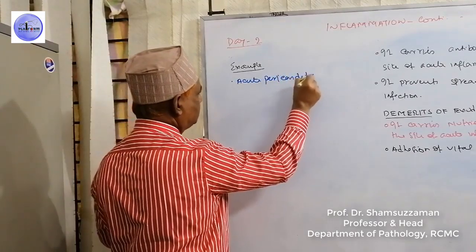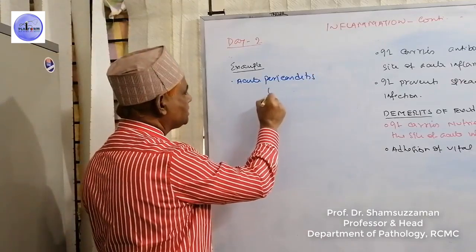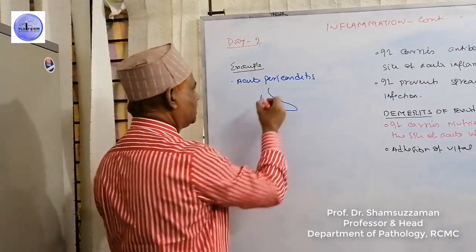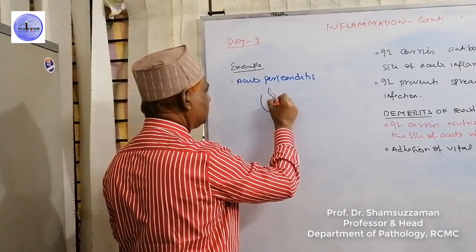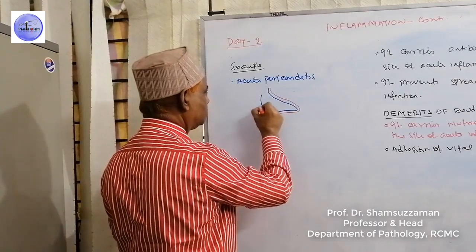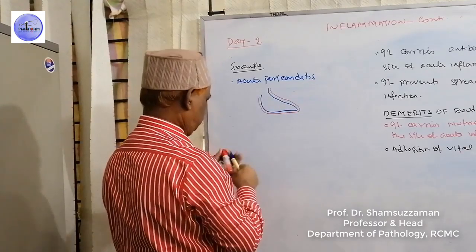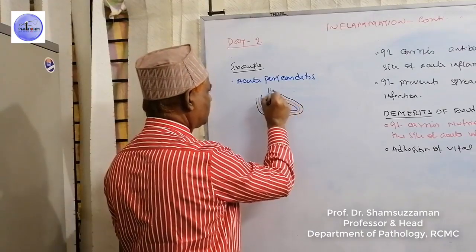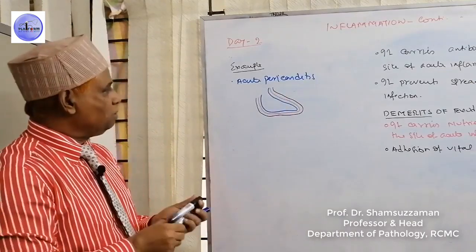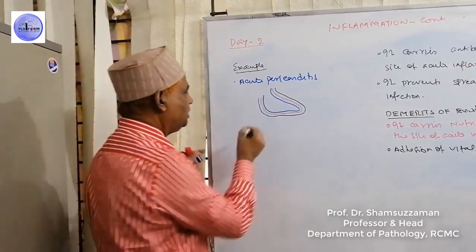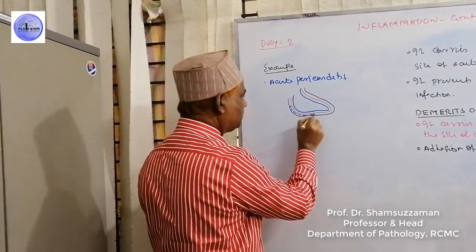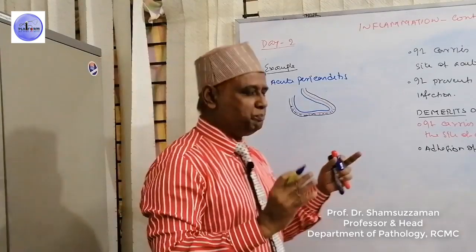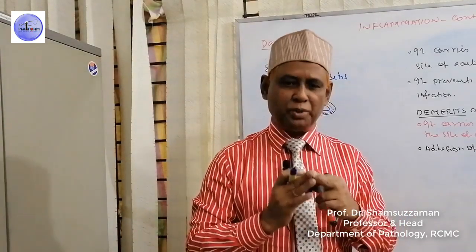Acute pericarditis. Dear audience, if this is the heart, you know the heart has two layers of pericardium, visceral and parietal. If there is acute pericarditis, there will be a formation of exudates in between the two pericardial layers.